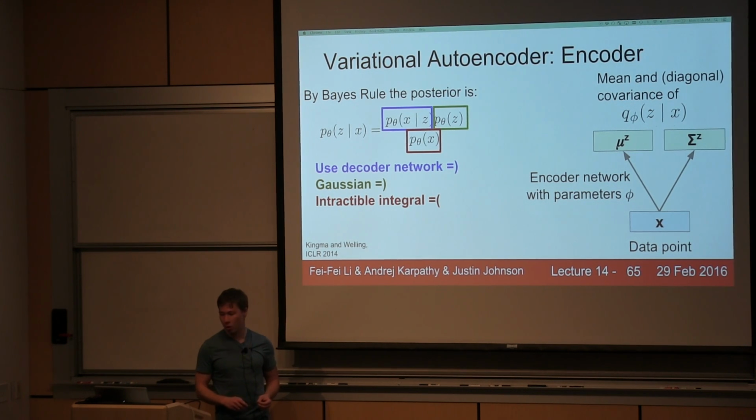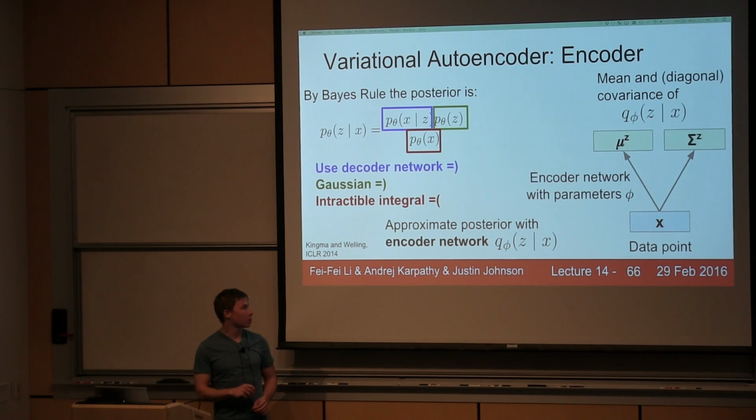Again, this encoder network might be some fully convolutional network, or some deep convolutional network. The intuition is that this encoder network will be a separate, disjoint function, but we're going to train it so that it approximates this posterior distribution that we don't actually have access to.